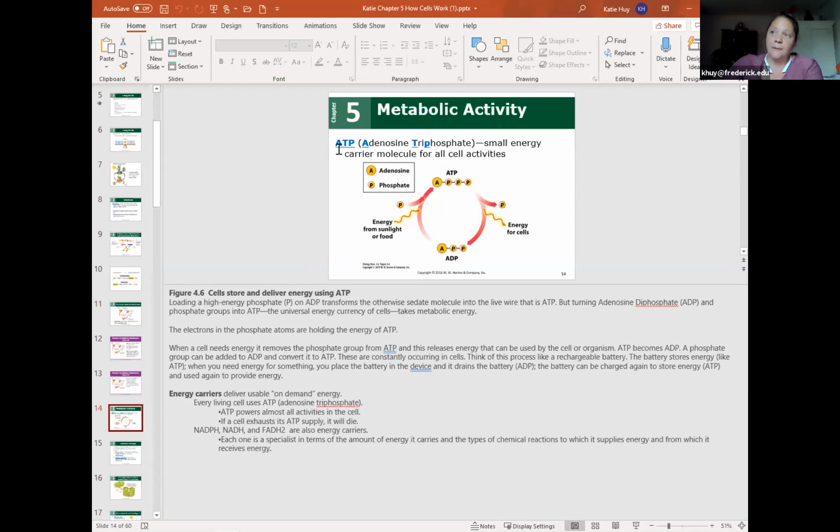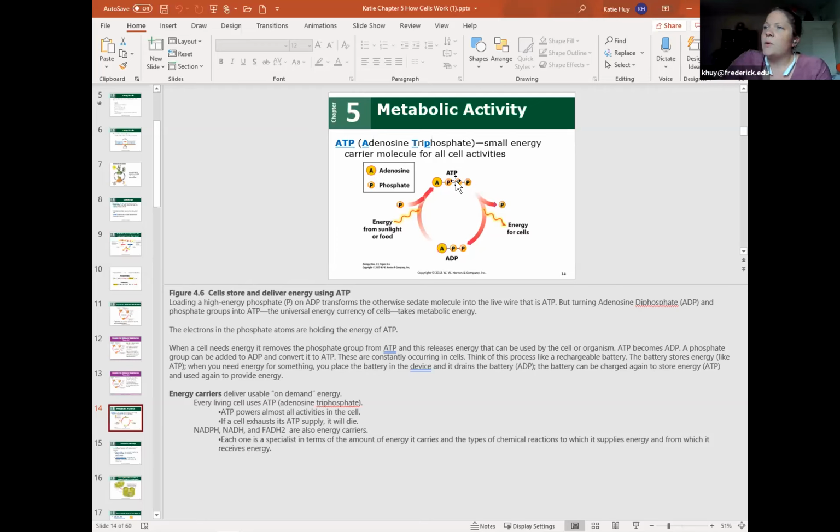Okay, ATP. So like I said, this is the energy that all cells need, all living cells need to continue to live. So ATP is adenosine triphosphate. So it is one of these adenosines and three of the phosphate molecules that come together.